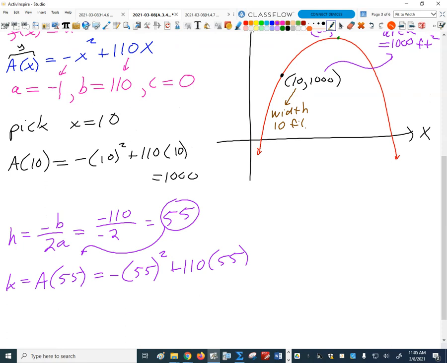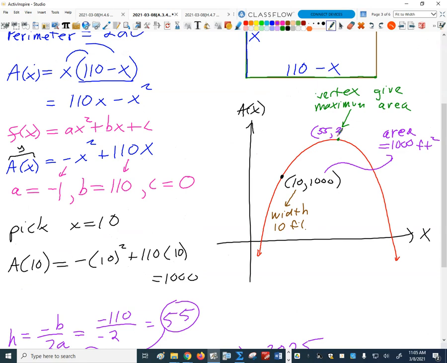So negative 55 squared plus 110 times 55, that's the same as 55 squared, which is 3025. Okay, so then we end up with the y-coordinate of the vertex is 3025.